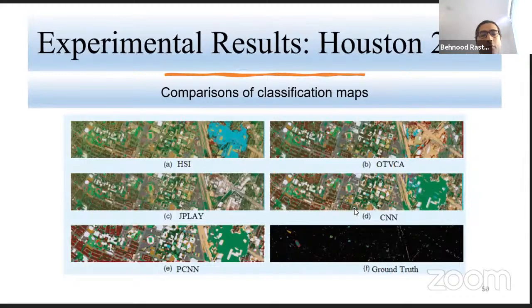So that was the result for Indian Pines 2010. And here we compare the classification maps obtained for Houston 2013. Part of this data set is covered with clouds, as you see here.